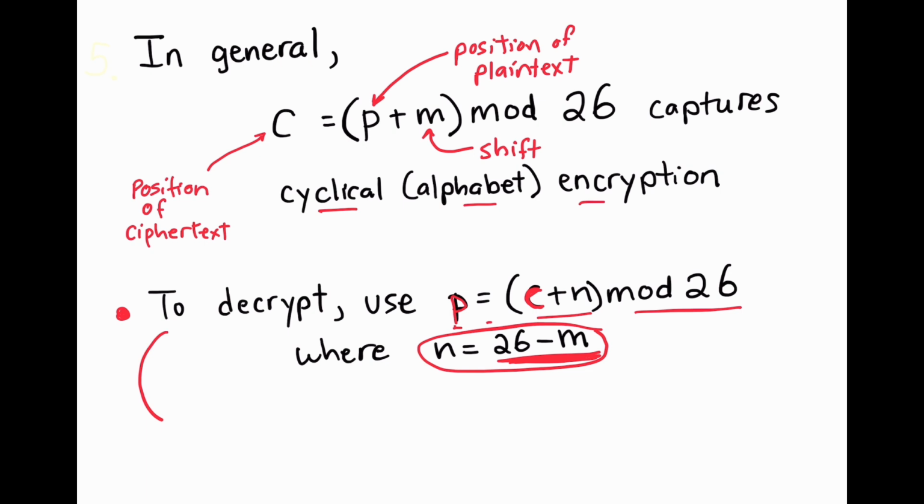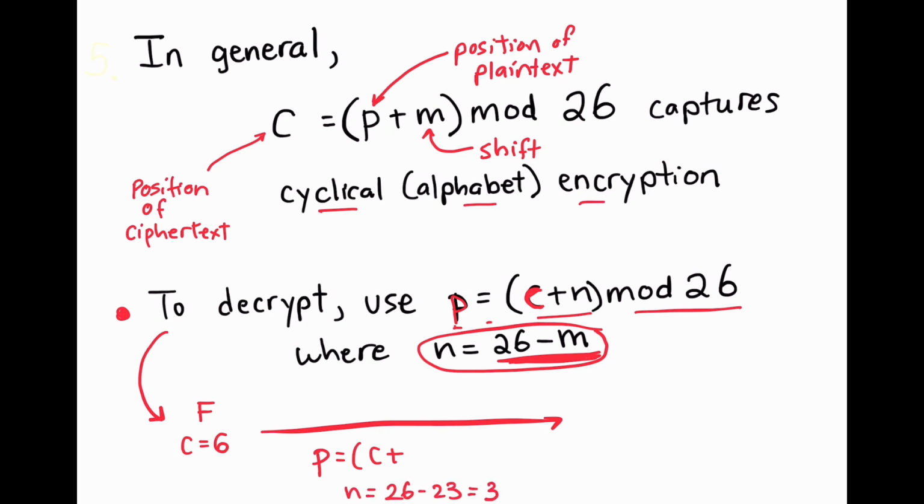For example, in the last example, if we wanted to decrypt the letter F, which was the first letter in the encrypted "I love you," F had a position or number 6. So the number for the plain text would be given by C plus N, where N is 26 minus 23, which is 3. So we'd have C plus 3 mod 26.